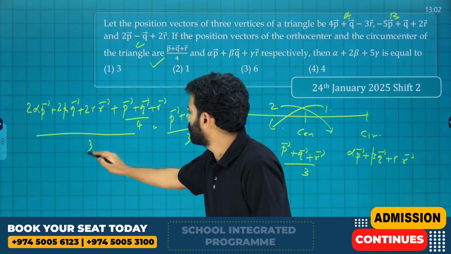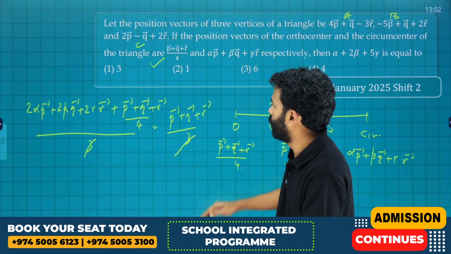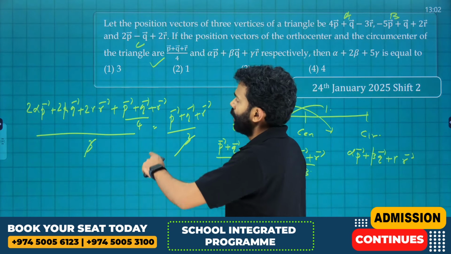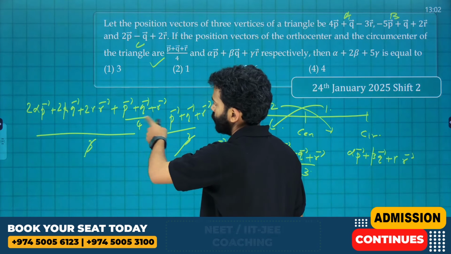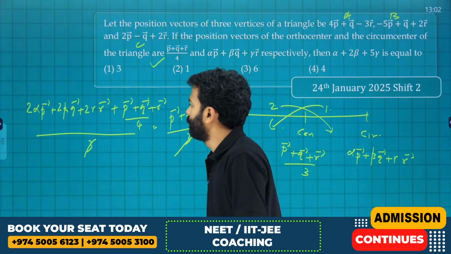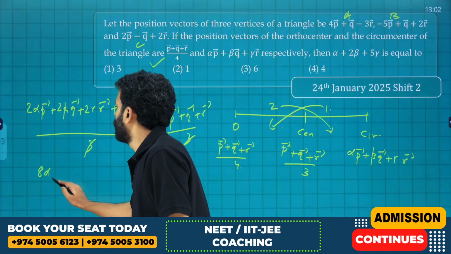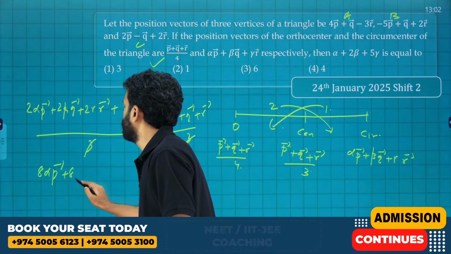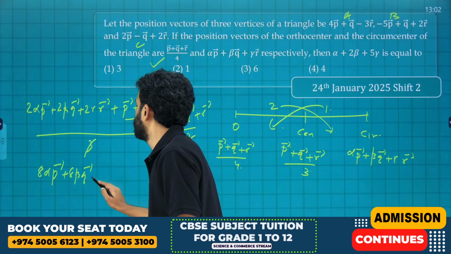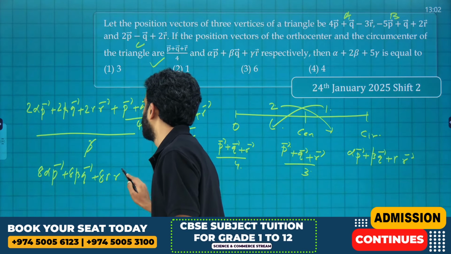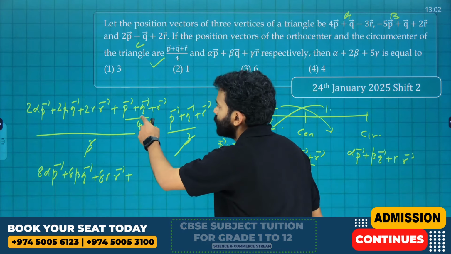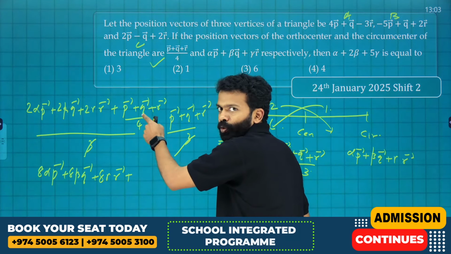Okay, so this 3 and this 3 got cancelled and only the numerators will be there. Then I am multiplying both sides with 4, so it will be 8 alpha vector p plus 8 beta vector q plus 8 gamma vector r plus this will be vector p plus vector q plus vector r.